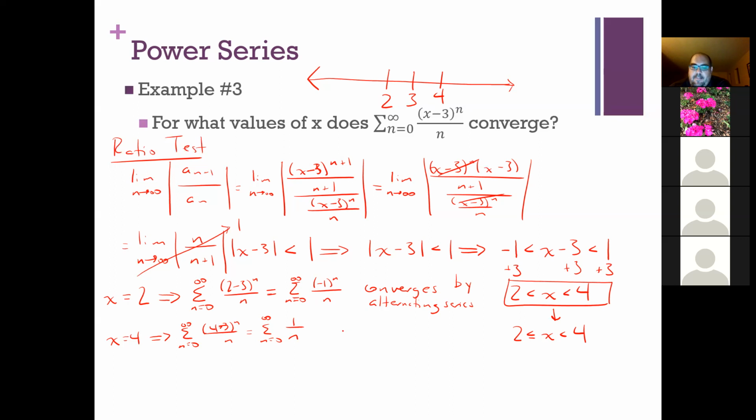What does this series do? It diverges, and by what logic? Isn't it p-series? Yep, it diverges by the p-series test. So because of that, my actual, and this right here is called the interval of convergence.